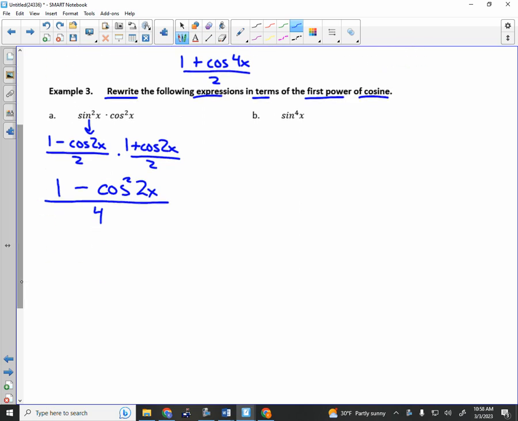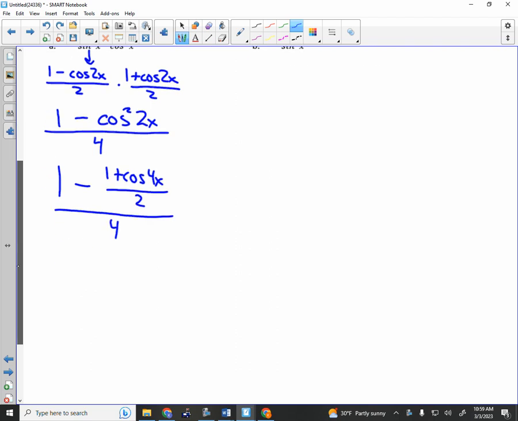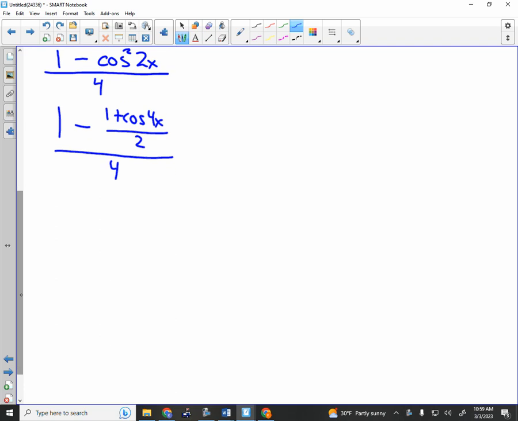So now I have something to plug in. I plug in this for this. 1 minus 1 plus cosine of 4x over 2, all over 4. Can I leave my answer like that? Why? What's wrong with that expression?